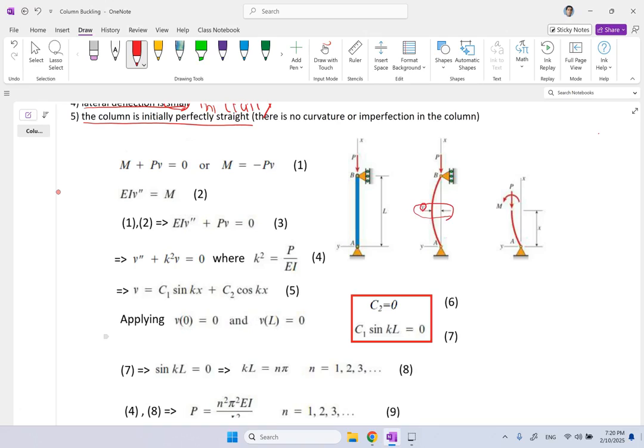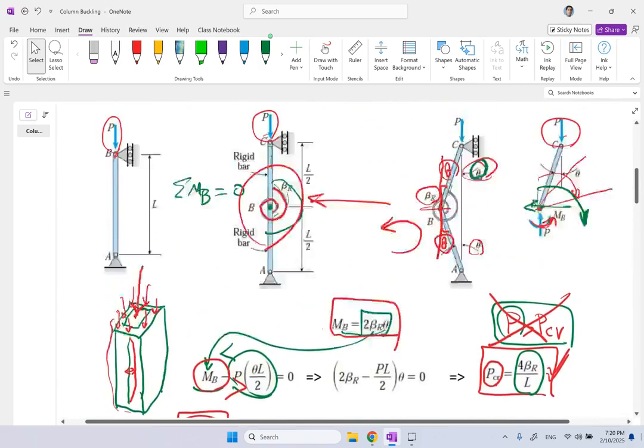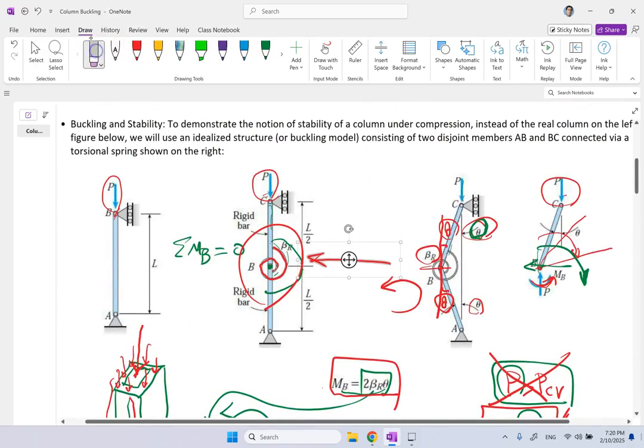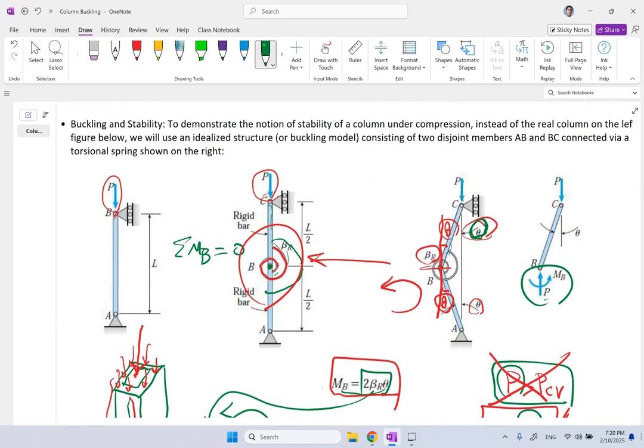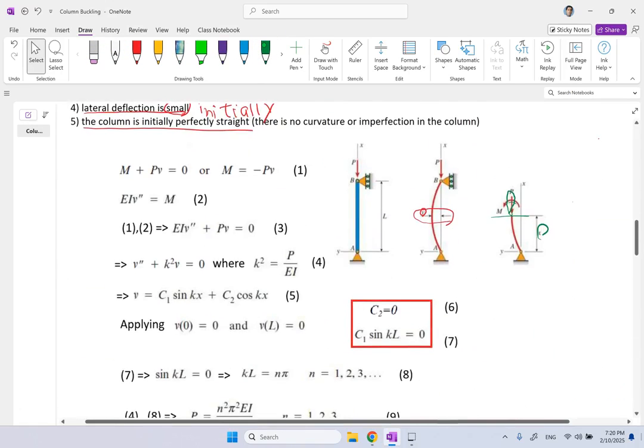The total length is L, the compressive force is P. So now what I do is, just like the previous case, I'm going to cut the beam here at arbitrary distance X. And there are two forces that are needed here to keep it at equilibrium. One is the force P, one is the bending moment M, just like this scenario here, right? Remember, it's the exact same thing that we had for equilibrium. We need these two.